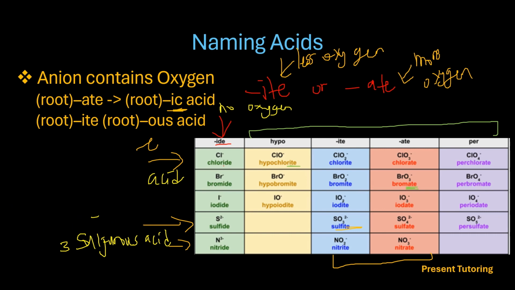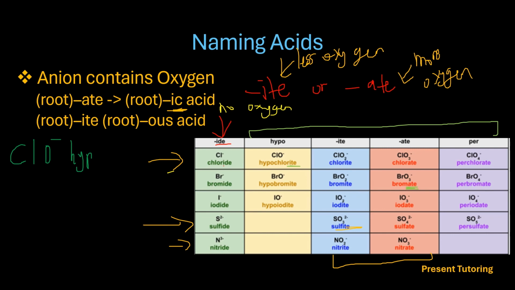Now, let me go in and erase a couple of these so we can try the hypo and per naming as well. The rule still remains the same. Let's say the anion I'm dealing with is hypochlorite. This is an ite anion, so it's going to become an ous acid.